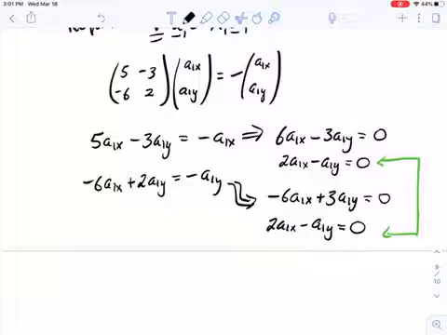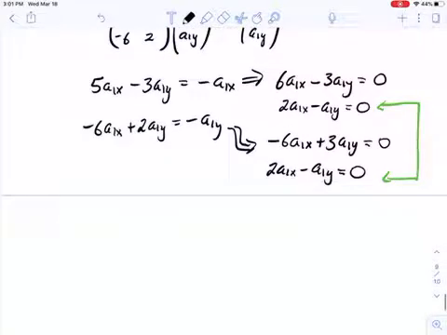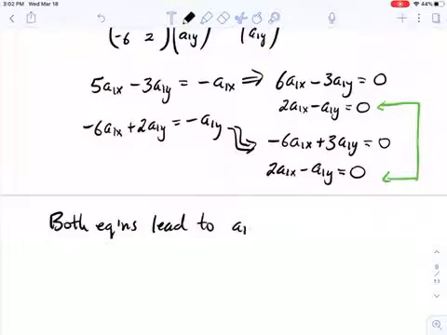So both equations lead to A1y is equal to twice A1x. So at this point, really, for the eigenvector we're just looking for a direction.